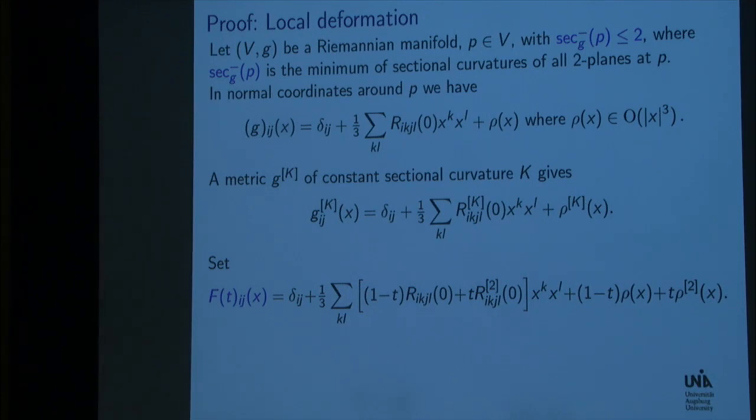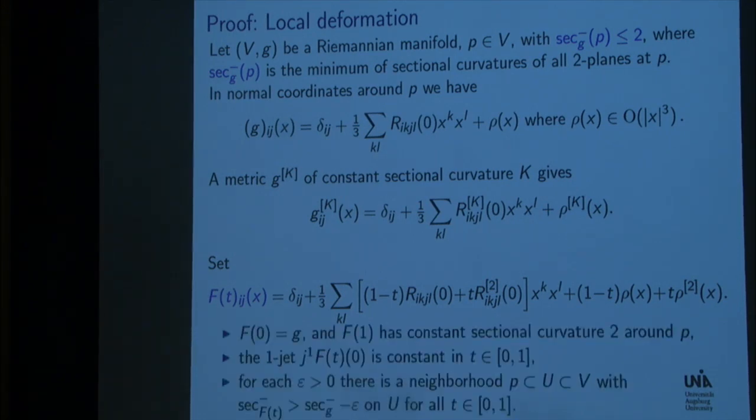OK, so this gives us a family of Riemannian metrics in a neighborhood of P. And at the point P, I get an affine, straight connection or affine homotopy between the sectional curvature of G and the constant sectional curvature K here. And when I move away from P, this is no longer a direct straight connection, but it's almost like that. And this is written down in these 3 lines here.